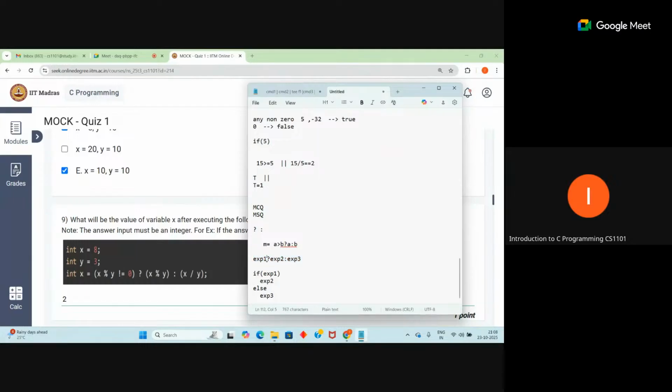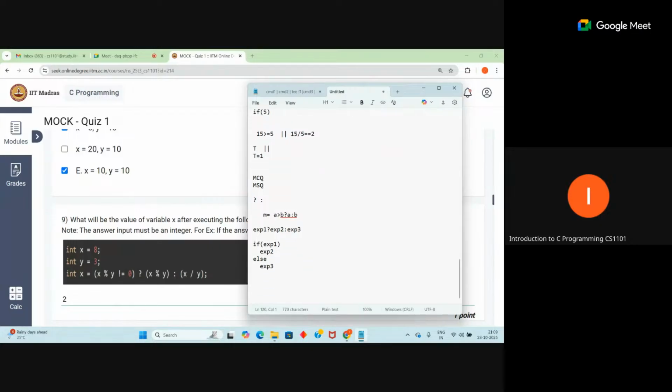First it will evaluate expression 1. If expression 1 is true, your answer is whatever you have after the question mark, so expression 2 is your answer. If your expression 1 is false, then expression 3 will be your answer. According to that, we will evaluate this.